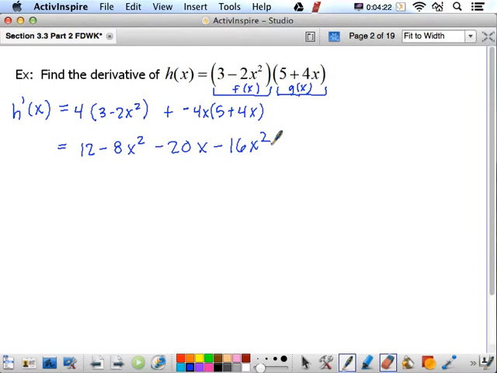And that will clean up to what? Negative 24x squared minus 20x plus 12.